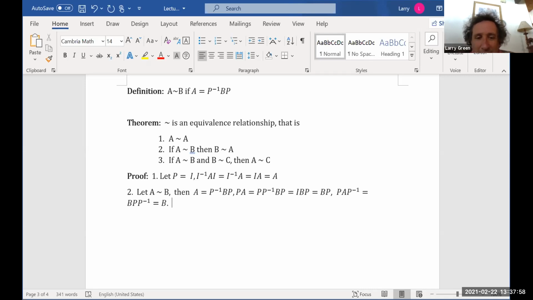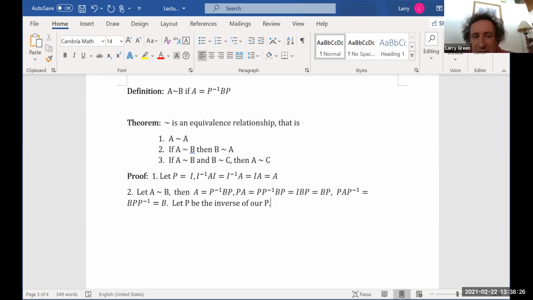And why am I done? Any thoughts? The idea is I can just let the P be the inverse of our P.